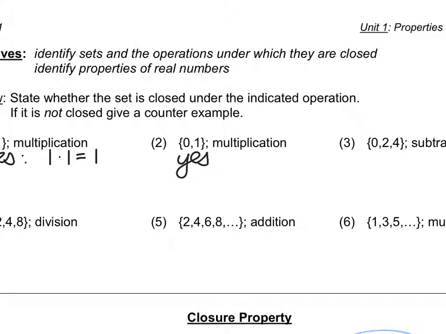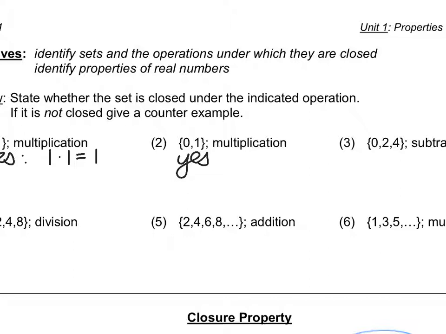Because if I were to actually list all the different ways in which this set is closed, it starts getting longer and longer the more elements I add to the set. So we can just say yes. I just did the example for the first one because it was really easy. What you're going to want to do when you have a no is make sure you show an example of why it doesn't work. That's called a counterexample.